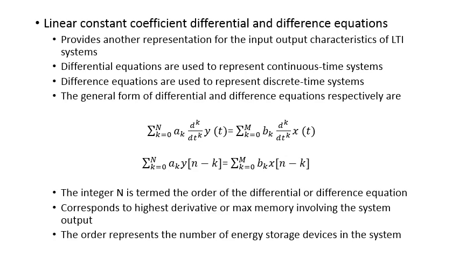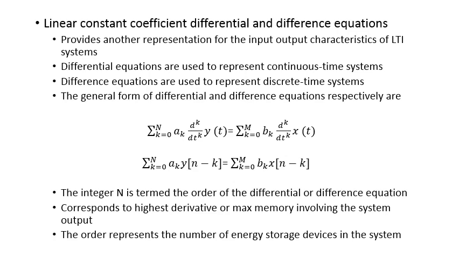So for example, if it has memory up to 5, then k runs from 0 up to 5. Similarly, if you have a differential equation that has derivative up to 10, then 10 will be the highest corresponding derivative.